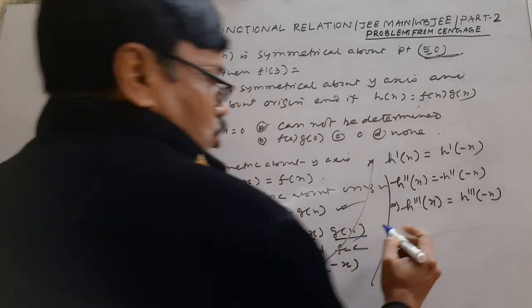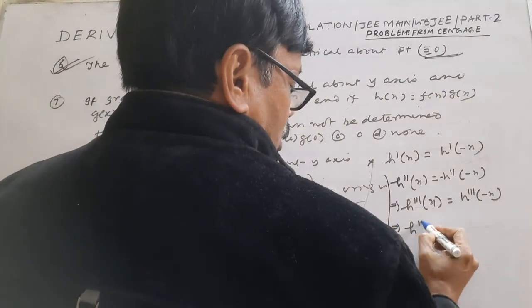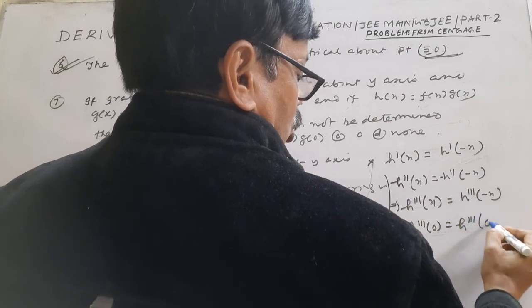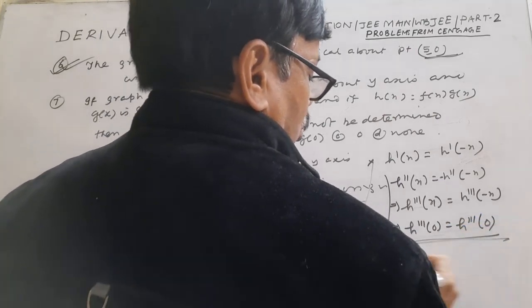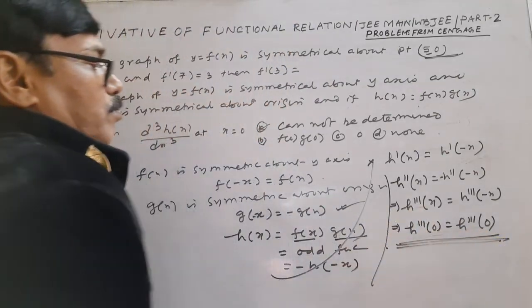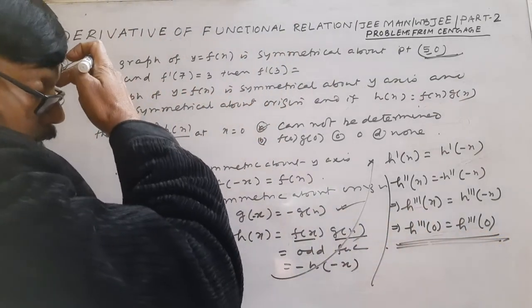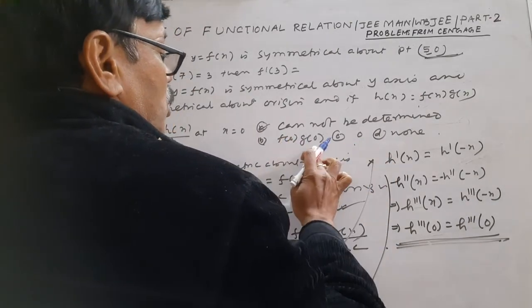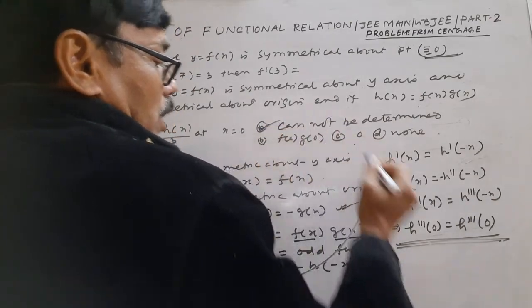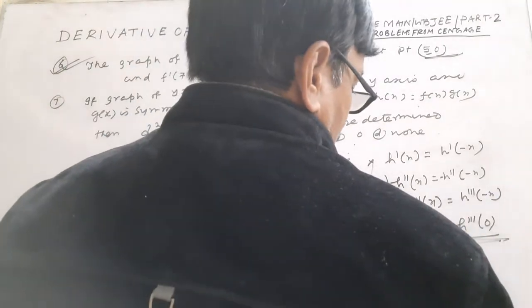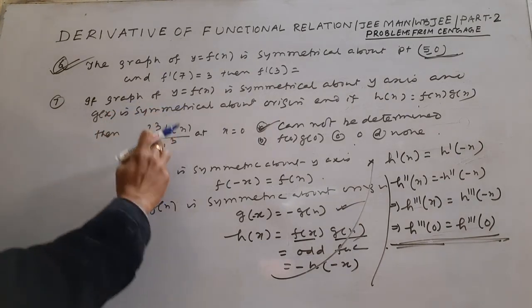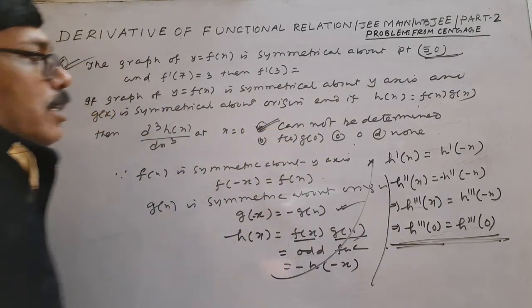At x equals 0, h'''(0) equals h'''(0). Both are the same. So what will be our answer? It is not 0, so it cannot be determined. The triple derivative of h(x) cannot be determined.